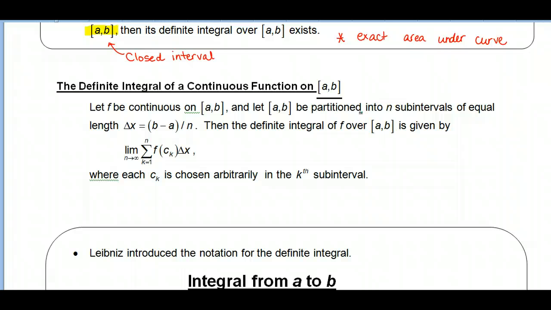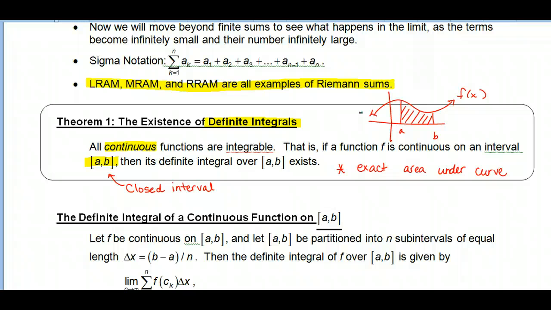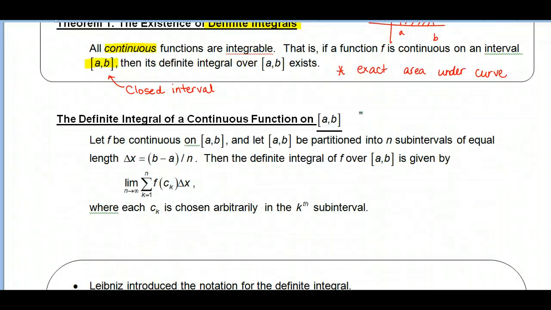There's a bunch of notation. There it is. I can explain it. So I'll explain a couple things. Basically what we're saying, remember when we did the Riemann sums and we did all the rectangles? Imagine if we had infinitely many of them. The limit as n goes to infinity. If we had infinitely many of those rectangles, you would end up with the exact area.